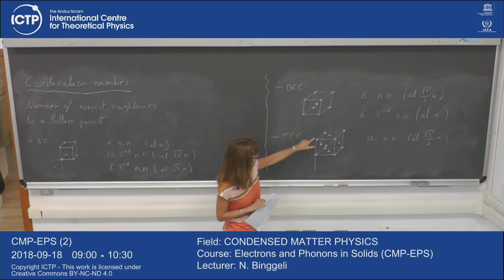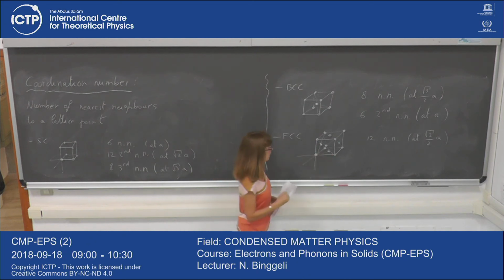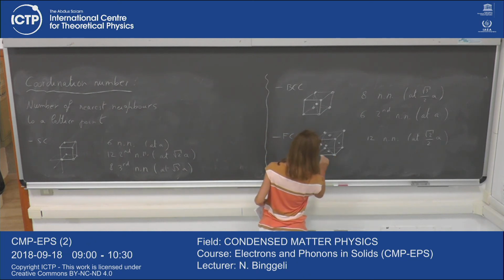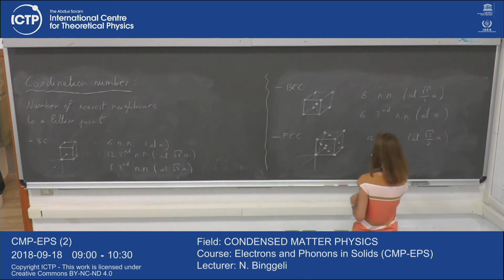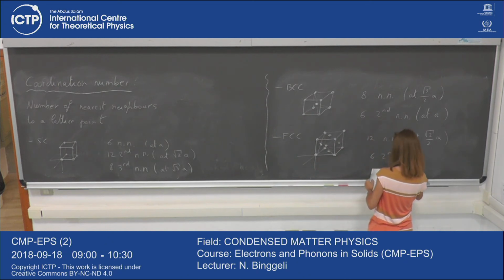These would be the ones along the edge of the cube. So 6 second nearest neighbors at A.